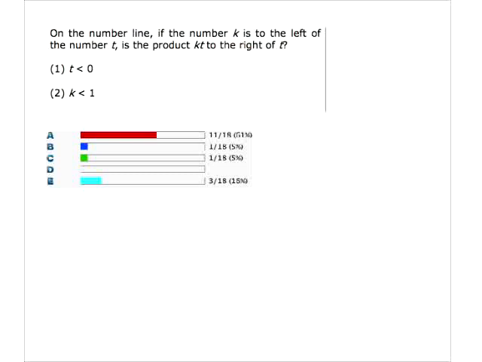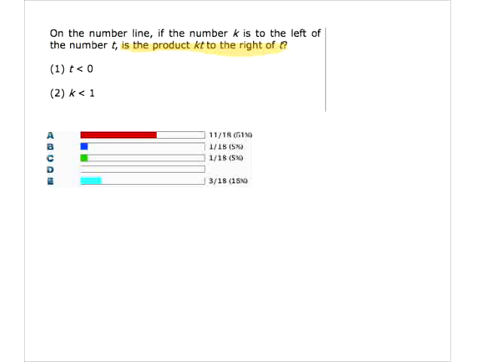Go ahead and type in the text box. What does "to the right of" mean? Careful, not really. Yeah, it's an inequality. It's not a positive negative thing. To the right of 0 means positive, but nobody's talking about 0 here.